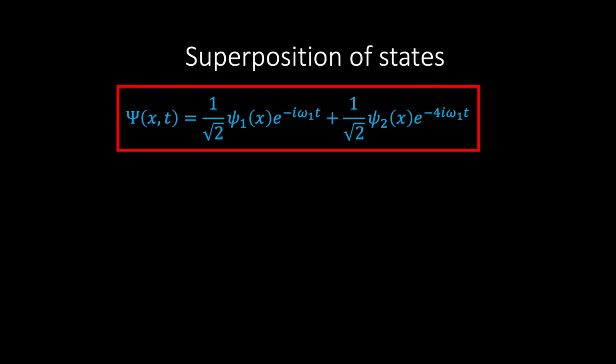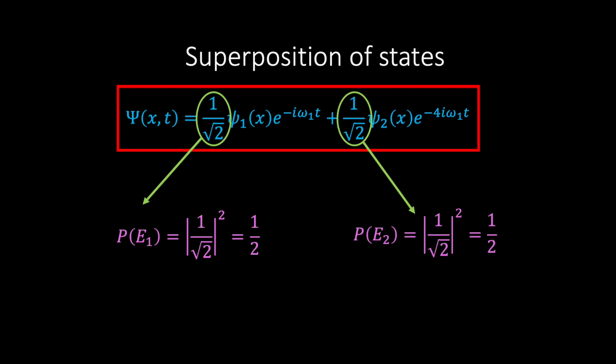Now, one of the advantages of doing this is that we can simply read off the probabilities of finding the particle in each of these energy eigenstates, as this information is contained in the coefficients of the two eigenstates appearing in the general wave function expression. In particular, the probability of measuring the energy of the particle and finding the energy to be the eigenvalue E1 is simply equal to the square of the coefficient of the first term, and we see that this gives an answer of 1/2.